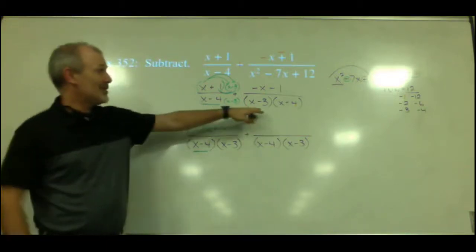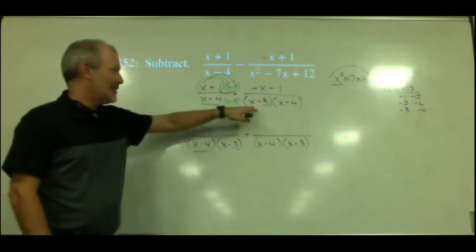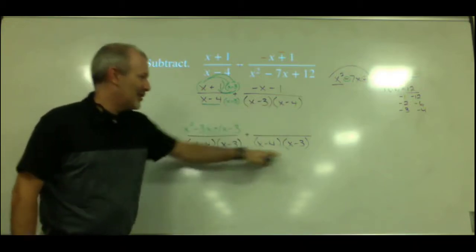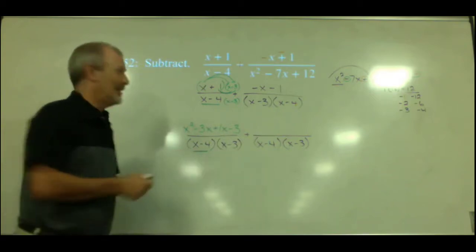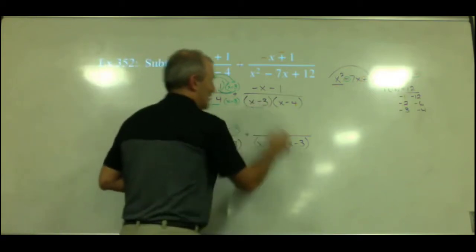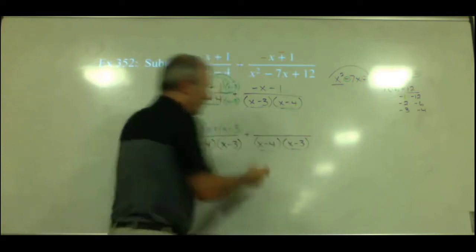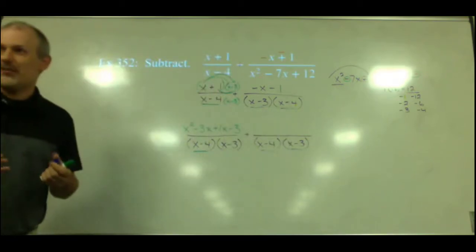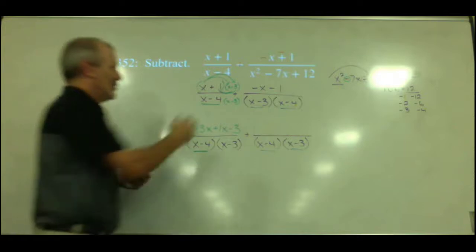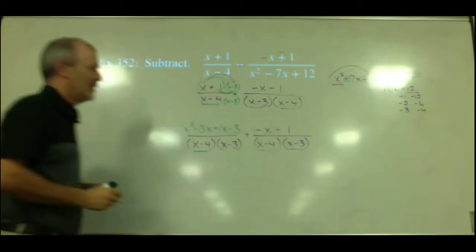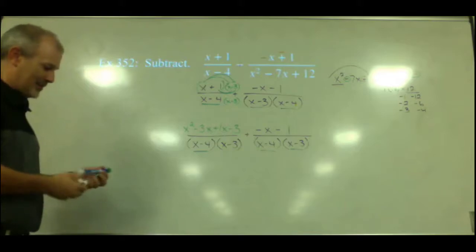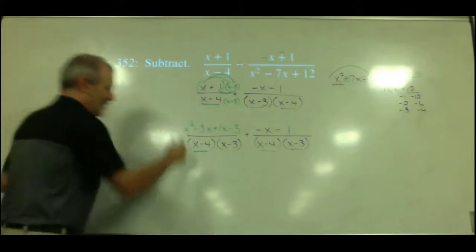Going to the second fraction, we've got this. What do we have to multiply this by to turn it into this? We've got the x minus 3. We've got the x minus 4. We don't need to multiply by anything. We've already got it. So we're just going to write down a negative 1x and a negative 1. And now we combine our like terms. So we've got the x squared.